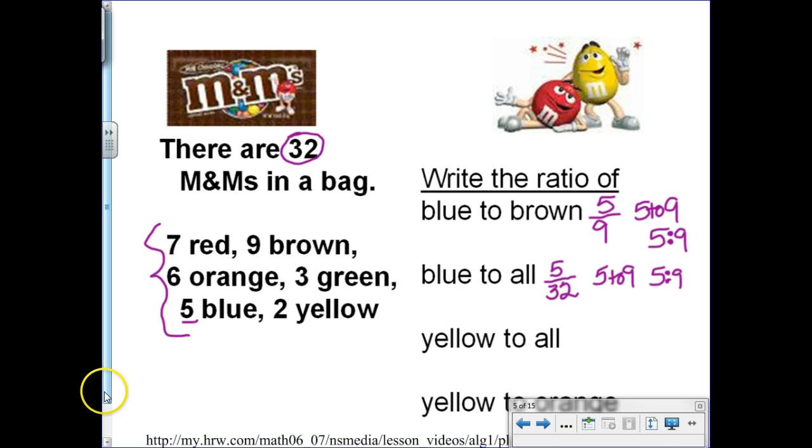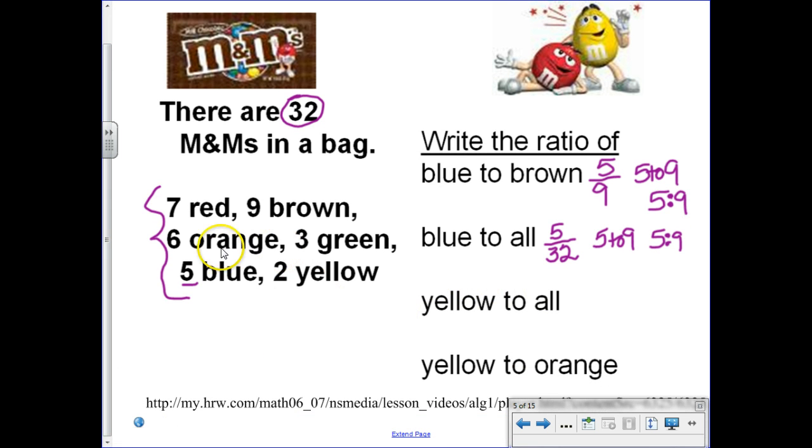All right, let's look at these last two. Yellow to all. As I go through my list here, I see I had 2 yellow. 2 to all. 2 to 32. Right now, I hope that your algebra antennas are firing. Beep, beep, beep. Because you see 2 to 32, and you've been trained all these years to say, this is a good fraction, but it's really not in simplest form. I've been trained to put things in simplest form, and I can say 2/32 is really the same as 1/16.